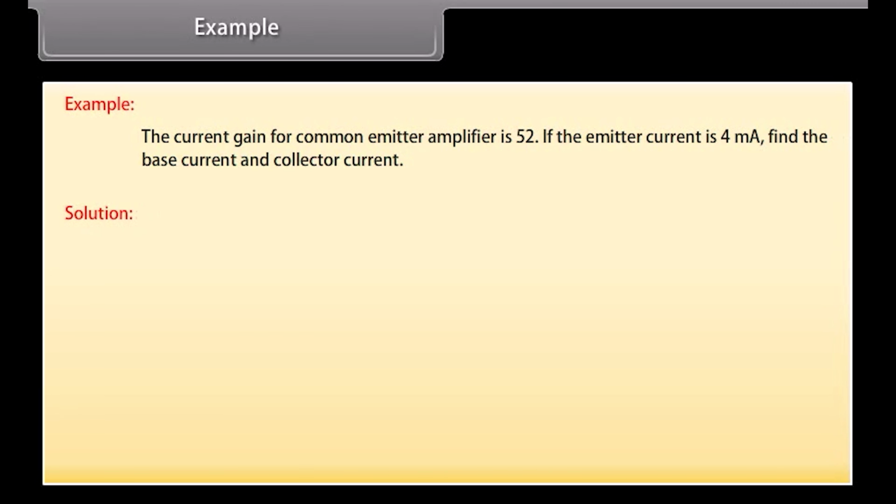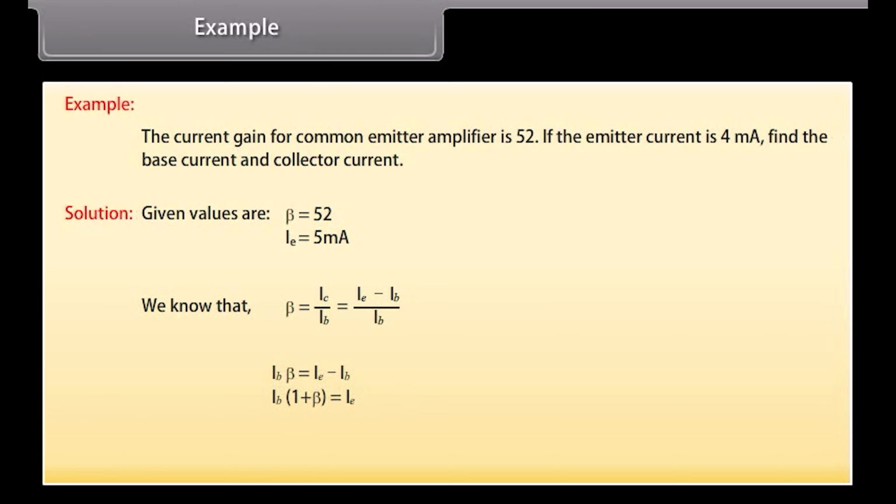Let's see the solution. Given values are beta is equal to 52, IE is equal to 5 mA. We know that beta is equal to IC upon IB, which is equal to IE minus IB upon IB. On simplifying the expression we get IB is equal to IE upon 1 plus beta.